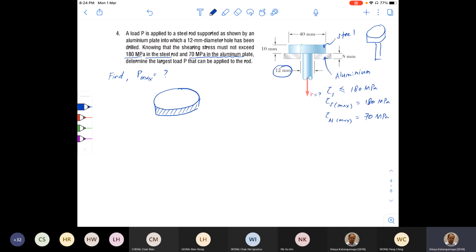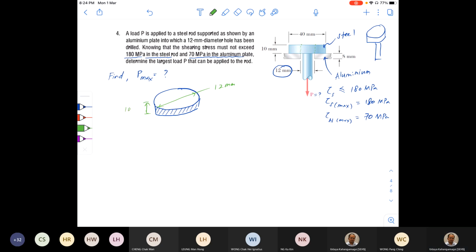So what is the diameter here? 12. And the thickness? 10 millimeters.